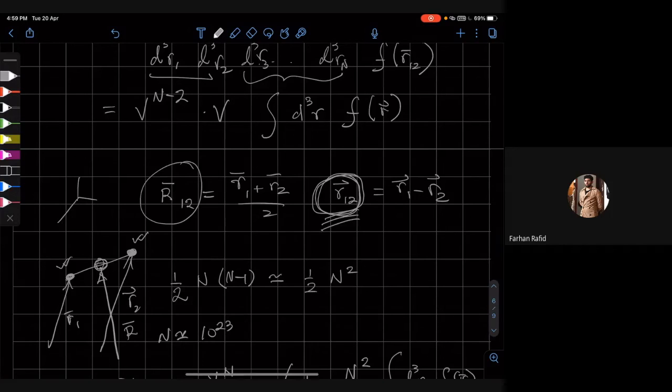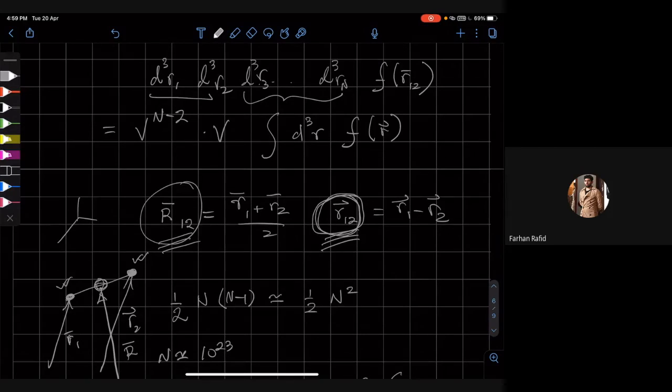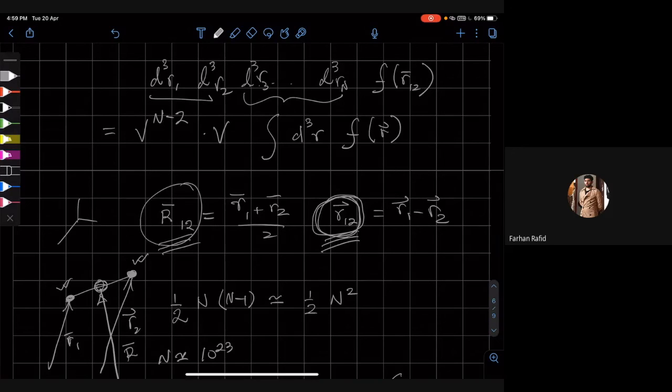It is not going to depend on the center of mass. So we are considering one interaction only here. Exactly, one interaction. Because of that, we can just integrate that out.